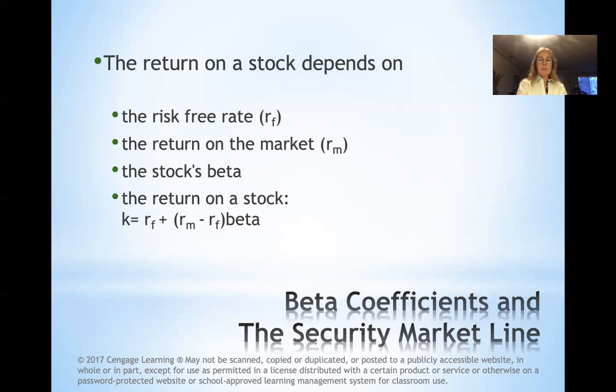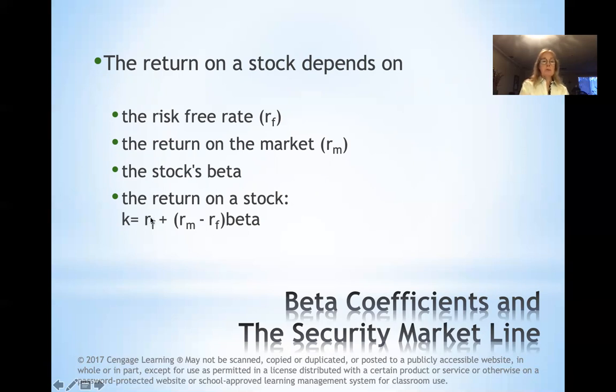Okay, here is the capital asset pricing model, which is calculating the required return. So K is the required return, and the required return is simply the risk-free rate, which would be given to you. It's, let's say, the rate on a CD, the rate that you can get on a risk-free investment, which would be a CD or a short-term government bond.